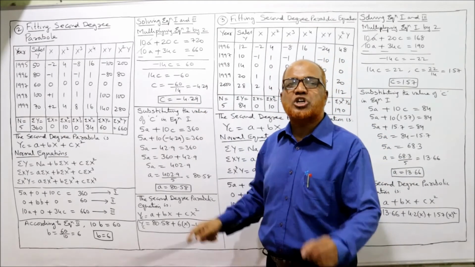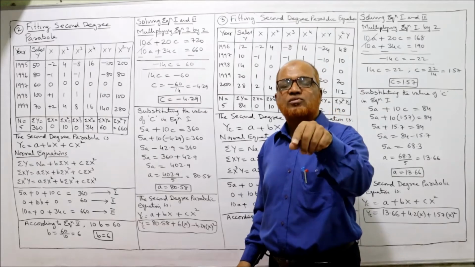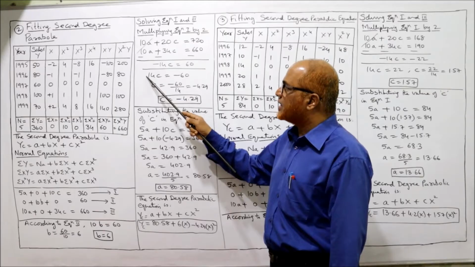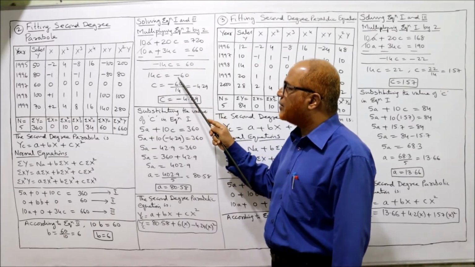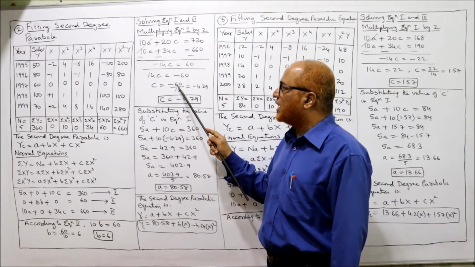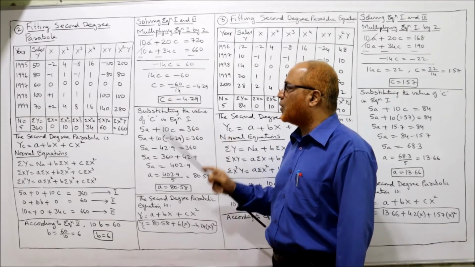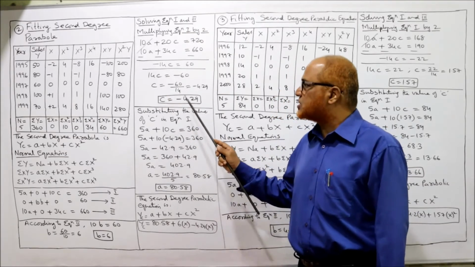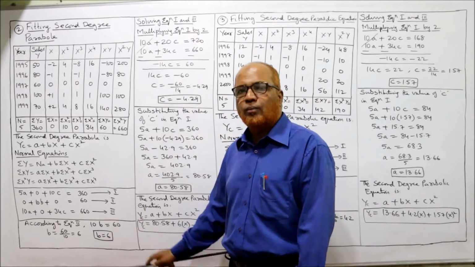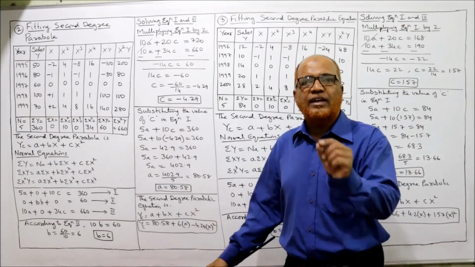Multiplying the whole equation by minus, minus into minus becomes plus, minus into plus becomes minus. So 14c is equal to minus 60, c is equal to minus 60 by 14, which is minus 4.29. So we got the constant c, minus 4.29. We got the b value, we got the c value. Now we need the a value.